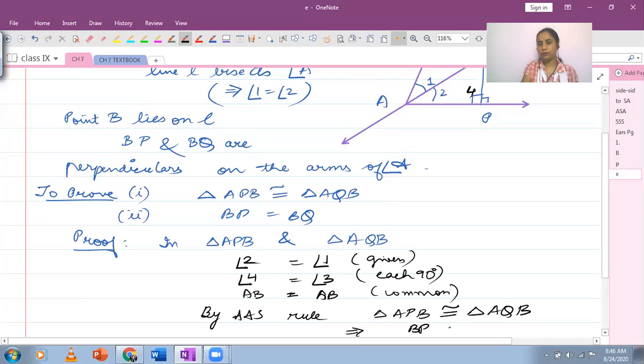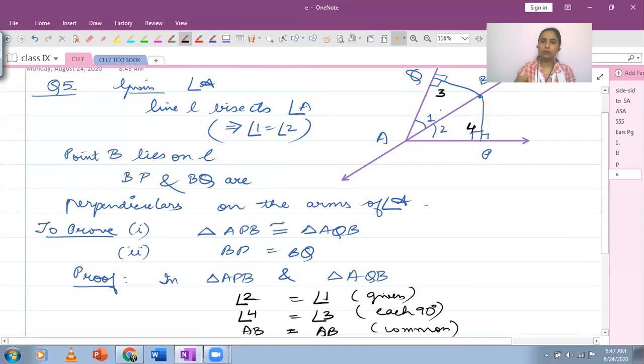And from here you can write down that BP of the first triangle is equal to BQ from the second triangle, because these are the corresponding parts of the congruent triangles. You can even mark in the figure if you want. This is the common side that we are taking.